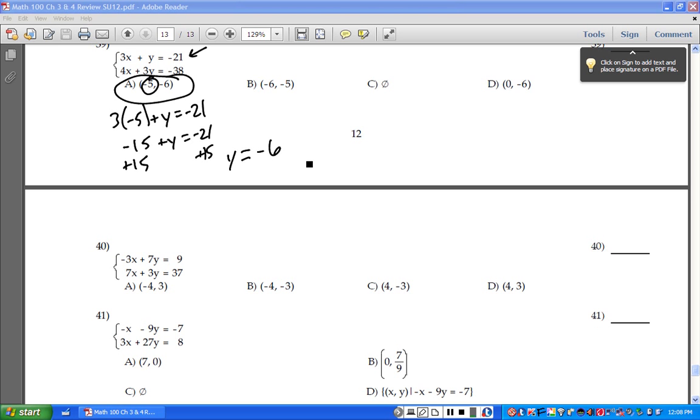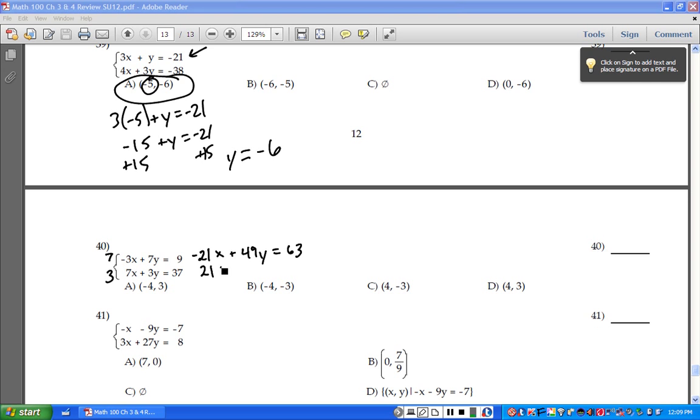Number 40. Let's multiply this equation by 7. Multiply this equation by 3 to get my x's to cancel. So that gives me a negative 21x plus 49y equals 63.